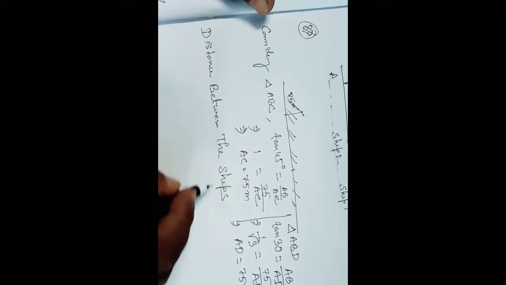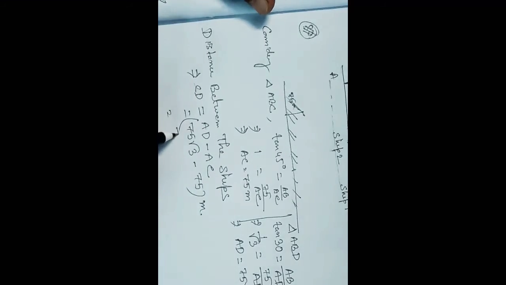So distance between the ships is equal to CD, that equals AD minus AC.